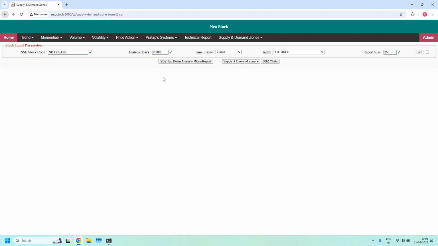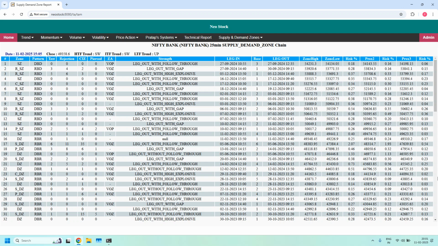Okay, next, 25 minutes supply demand zone chain for BANKNIFTY. 16th is the nearest demand zone to the current closing price, 25 minutes demand zone.